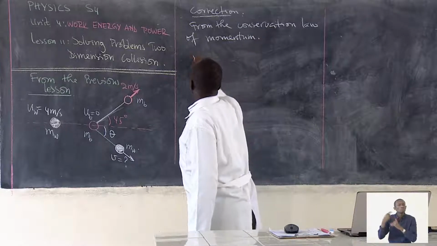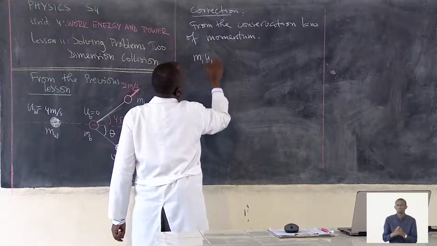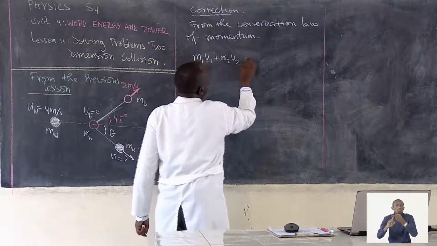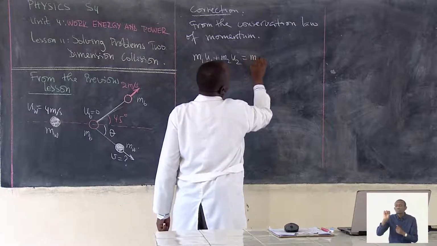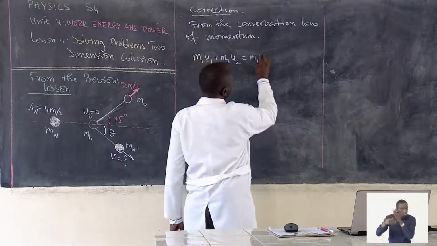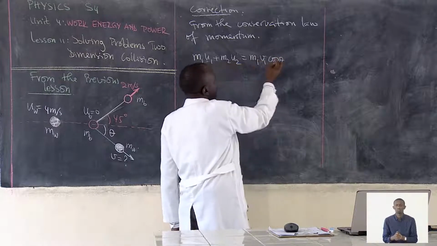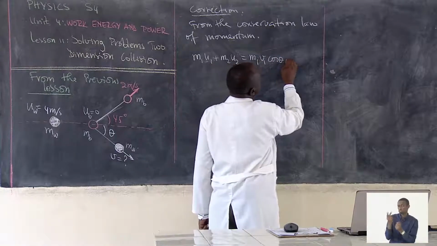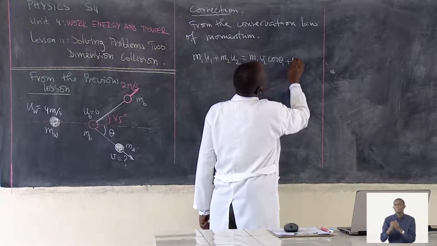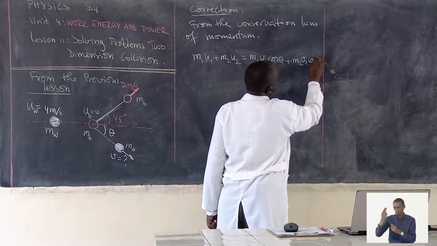So we have mass M1 U1 plus M2 U2, which is equal to M1. But remember what we said the last time: we have a component of this velocity along the x-axis, and this is v cosine theta, this is theta 1, and here we have mass 2, then v2 cosine theta 2.